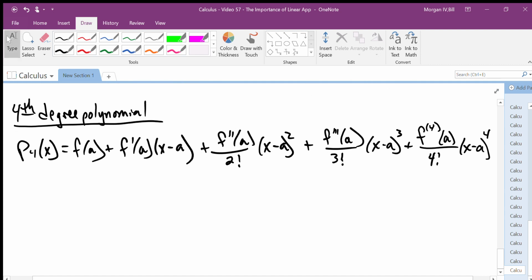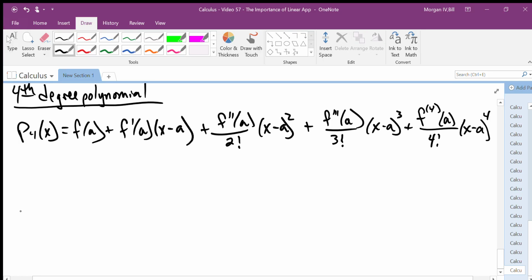Well, that's the degree 4 polynomial. Let's go all the way out to, say, the degree 7 polynomial. And this may take a little bit of room.